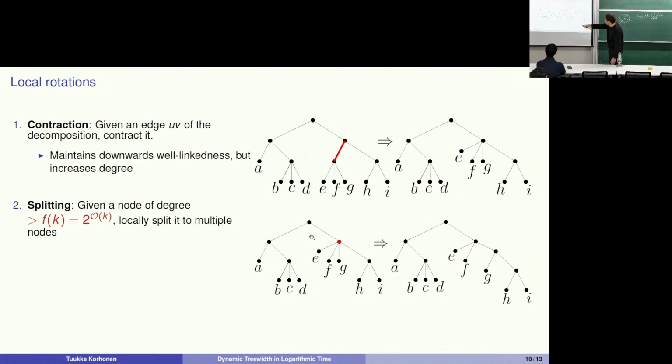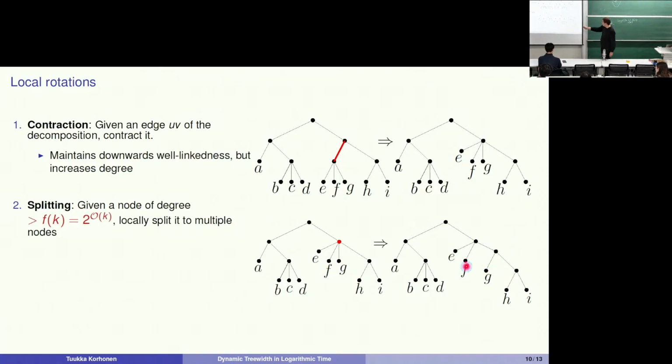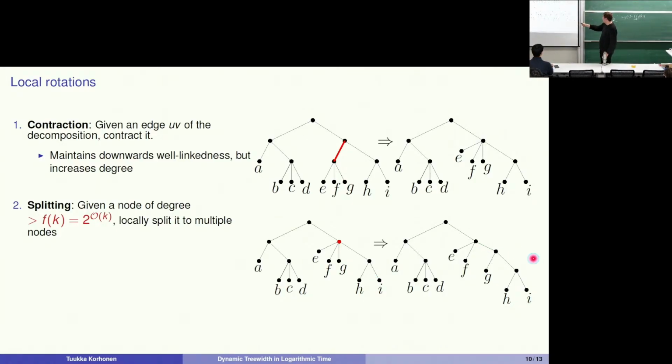Here, this node has 4 children, and we split its children into 2 groups. We split into EF, and then this combination of G and HI here.